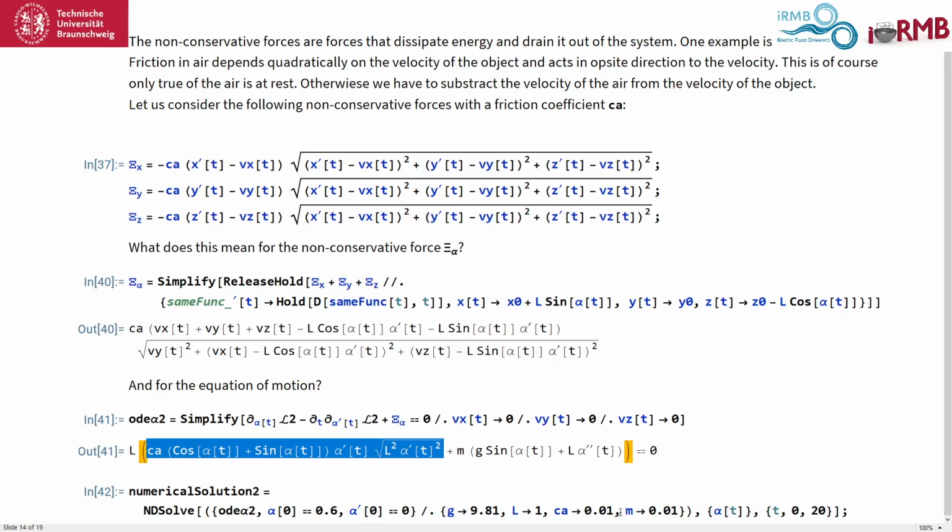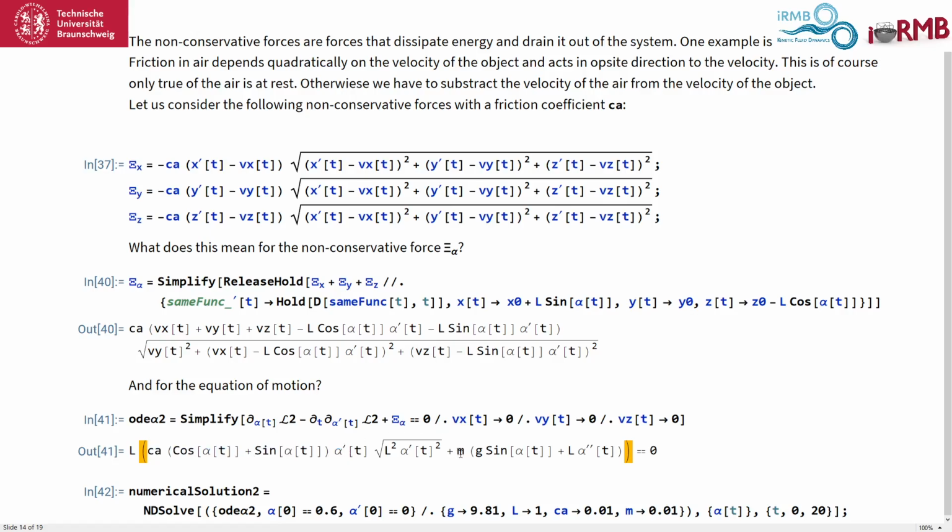So of course we have to specify everything. In particular, we have to specify this CA. We also have to specify M, because you see that in this context there is no mass in the friction.